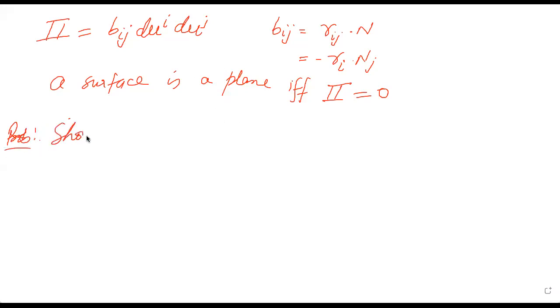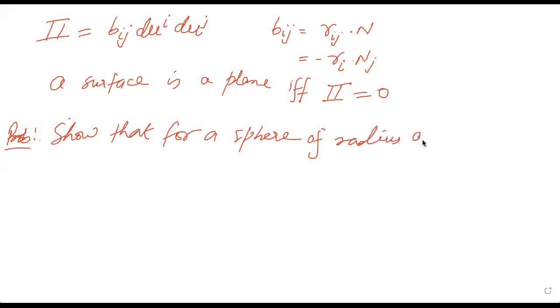Show that for a sphere of radius a, this is the relation: ds² is equal to a times this second fundamental form. ds² is what you know, your first fundamental form.